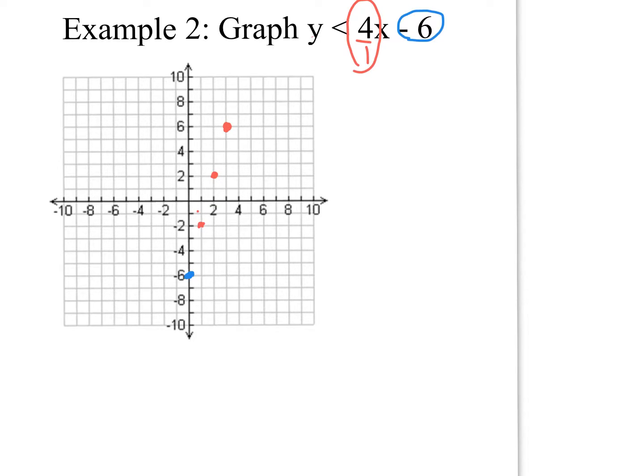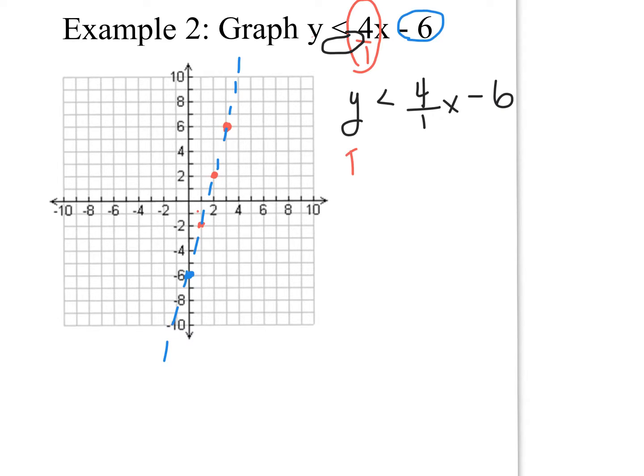Now we're going to determine whether this line is dotted or solid. I look underneath the inequality symbol, and I notice there's no solid line, which means there's no solid line on my graph. So we are going to connect this with a dotted line. Let me rewrite this so we can see the original problem.